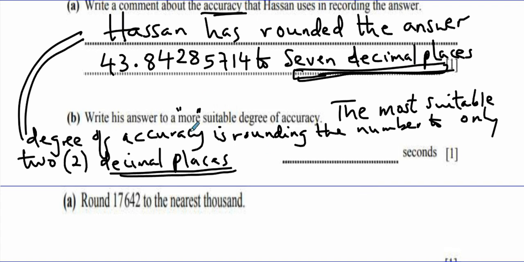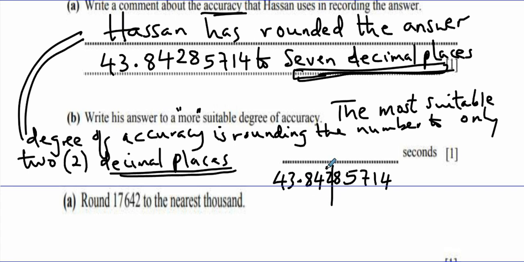Let us put this number over here: 43.84285714. Now they need 3 decimal places. 1, 2, 3.